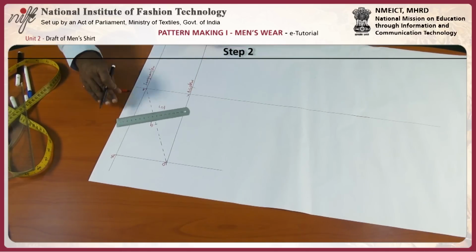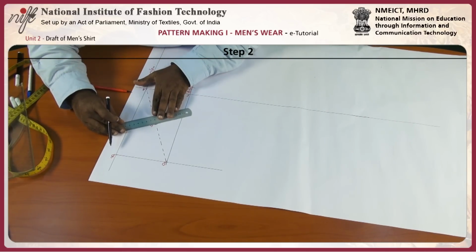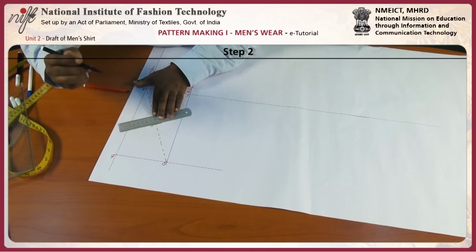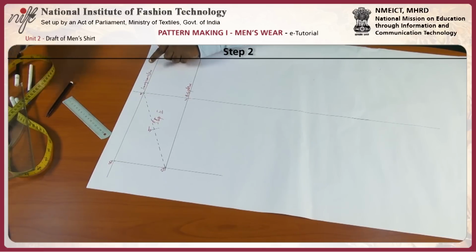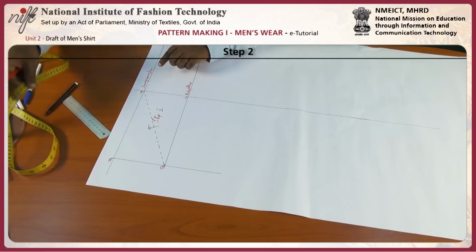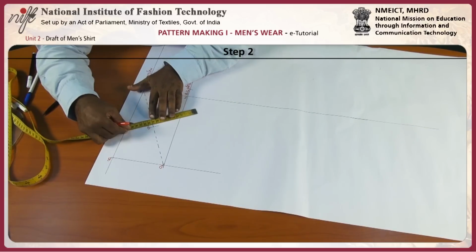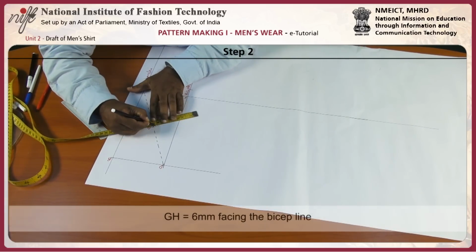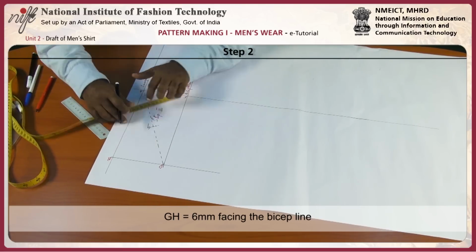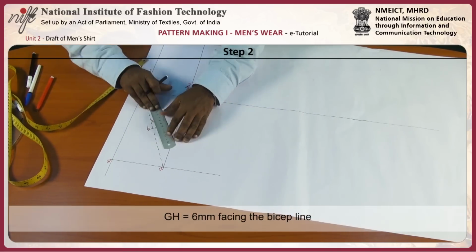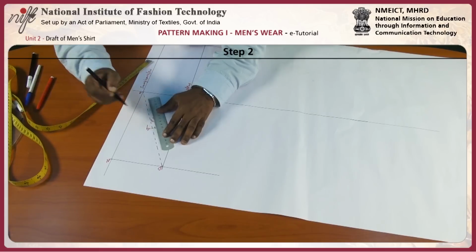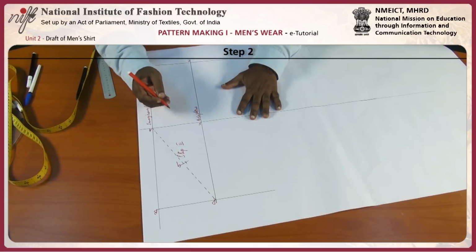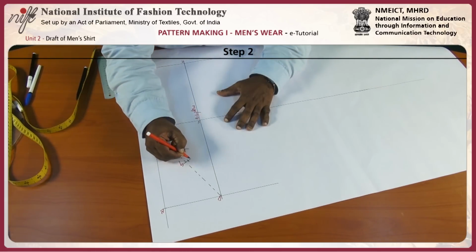See, from G, draw a perpendicular line approximately 1 centimeter, and measure 6 mm towards the bicep line. This will be point H.